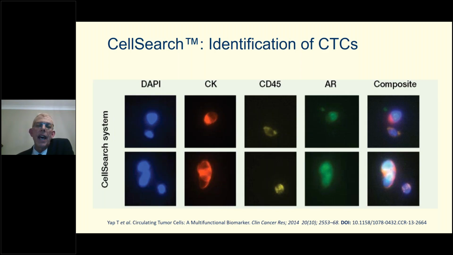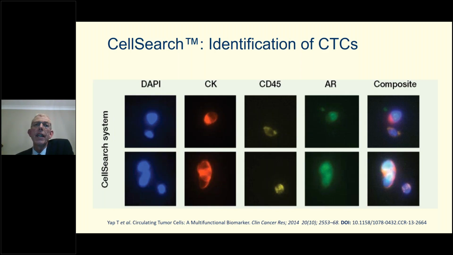Then we can see in red cytokeratin, confirming that that is likely to be an epithelial-derived circulating tumor cell. Then we have our pan-CD45 leukocyte marker. In this particular example, we've also got a marker for the androgen receptor, shown in green, because in this study we were looking at prostate cancer cells, and then a composite image there.